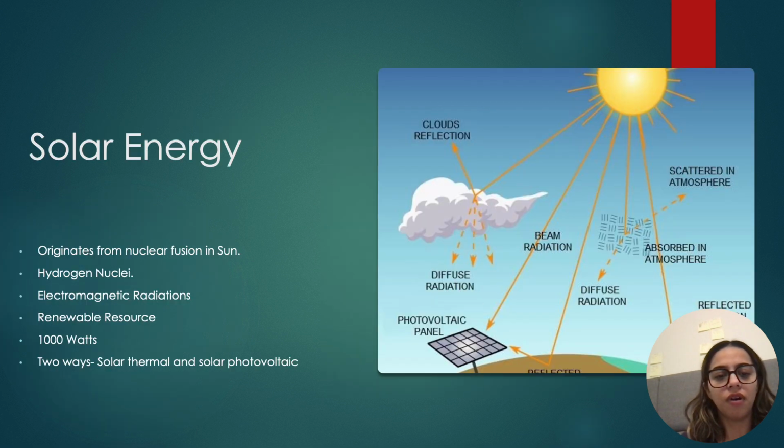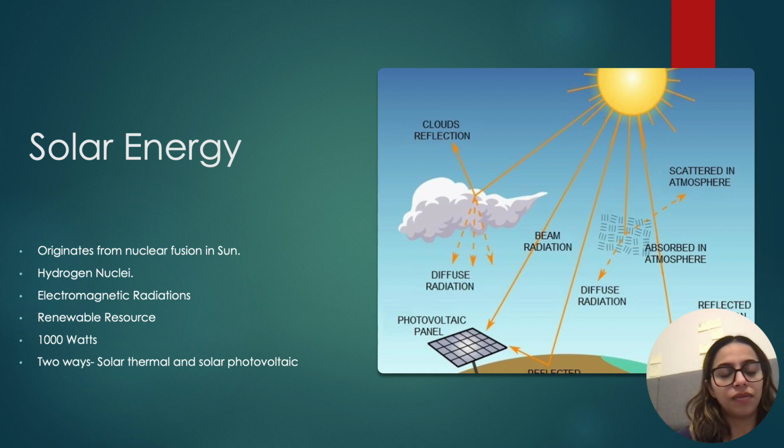So, first of all, solar energy originates from a nuclear fusion that happens in the sun. Hydrogen nuclei fuse into helium, releasing enormous energy in the form of electromagnetic radiation. Then tiny fractions of that radiation reach Earth, where it becomes the most abundant renewable resource.